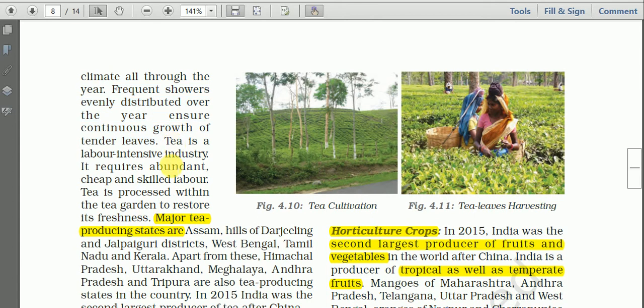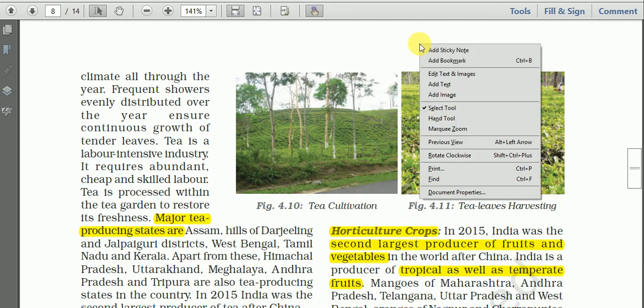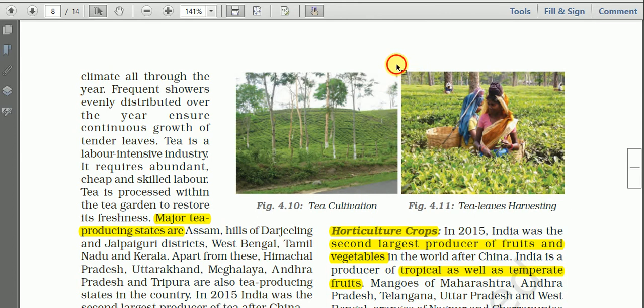And about the labor, tea is a labor intensive industry. For plucking, you are seeing figure number 4.11 here.